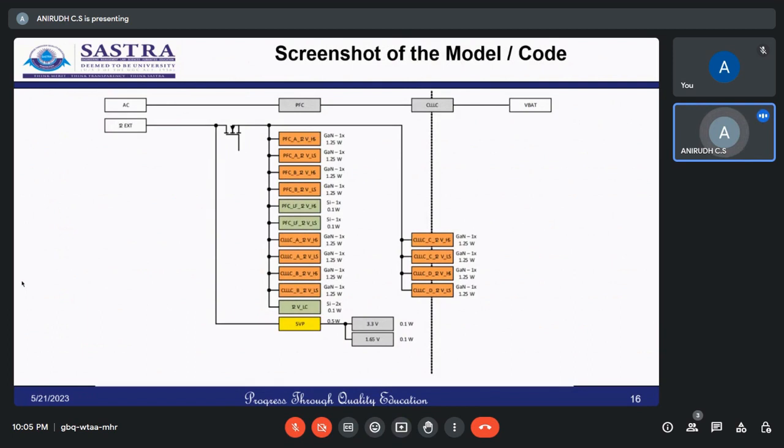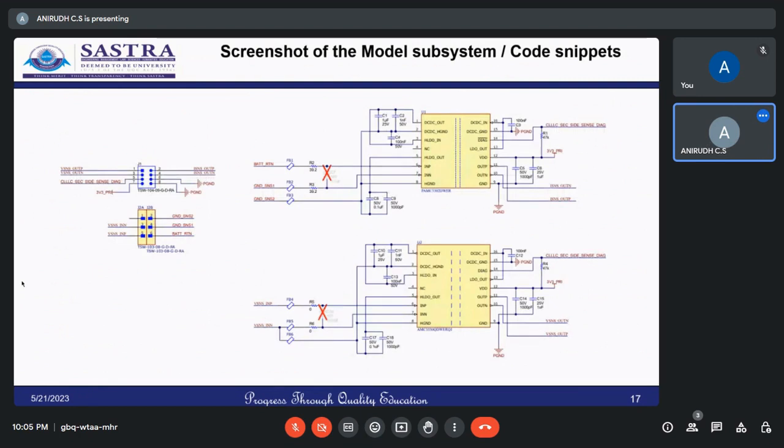Now let's see some of the code snippets. This is part of the main block, which shows the AC supply connected to the two-phase totem pole PFC, which is in turn connected to the full bridge CLLC. The CLLC has different ports which are connected to it, and these ports are supplied by the bias voltage of 12 volts.